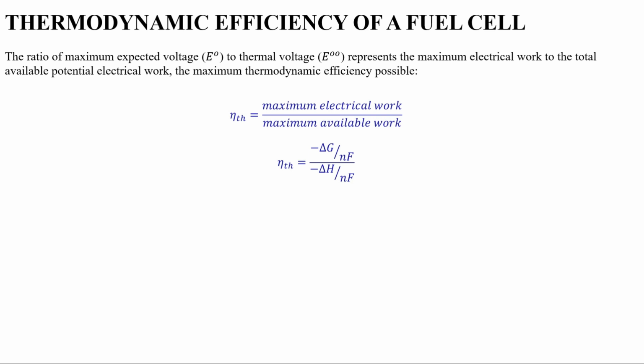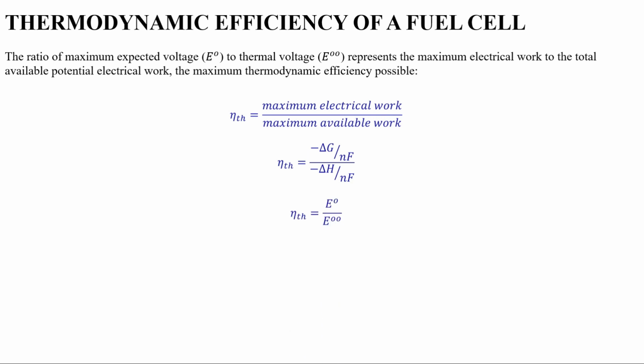While maximum electrical work considers entropy generation within the system, it considers a totally reversible system with entropy generation. But maximum available work means the entire chemical energy is converted into electrical energy.